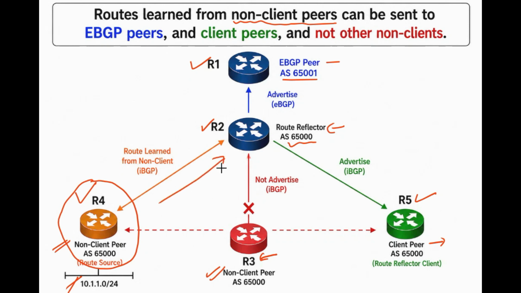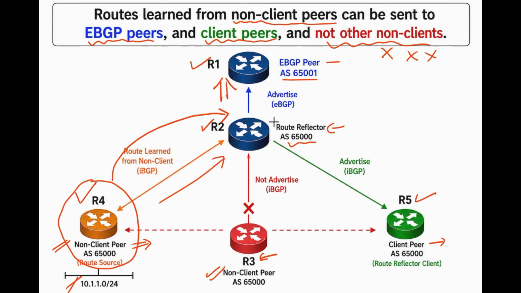Now, since the route is learned from a non-client peer, the rule says that such routes can be sent to eBGP peers and client peers, but not to other non-clients. So for routes learned from R4 to R2, R2 as a route reflector can forward to the eBGP peer, which is R1.